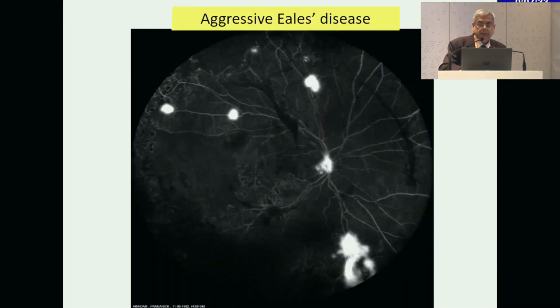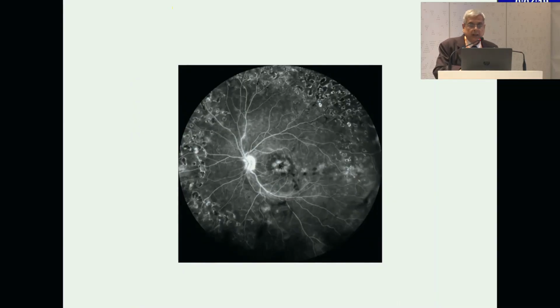Now you call it tubercular retinal vasculitis, and you can see multiple retinal neovascularization. Many times you cannot miss this on indirect ophthalmoscopic examination. And you can also find cystoid macular edema even post-photocoagulation.